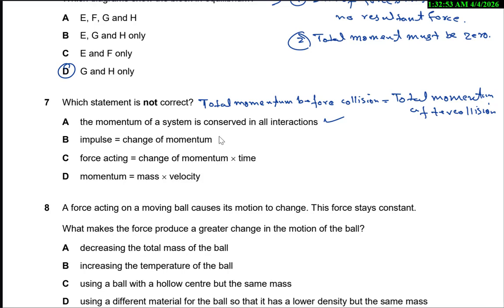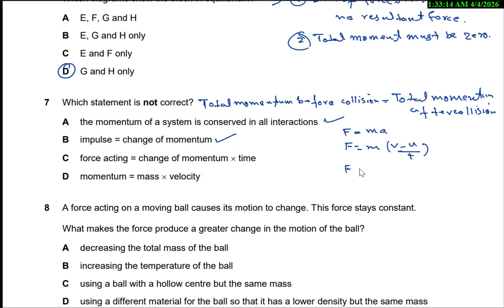Impulse equal change of momentum. Yes, this is also correct, because if we derive the equation for impulse by using Newton's second law of motion, F equal ma, and F equal mass into final velocity minus initial velocity divided by time.